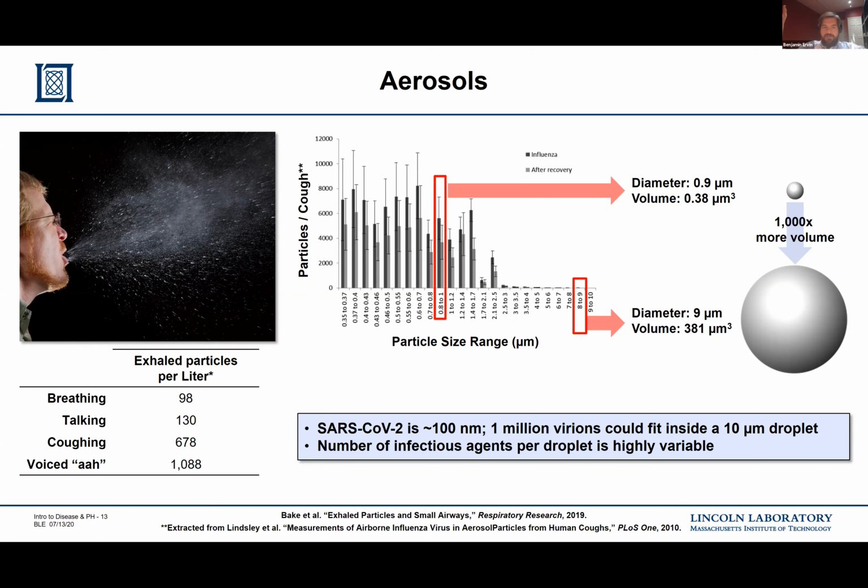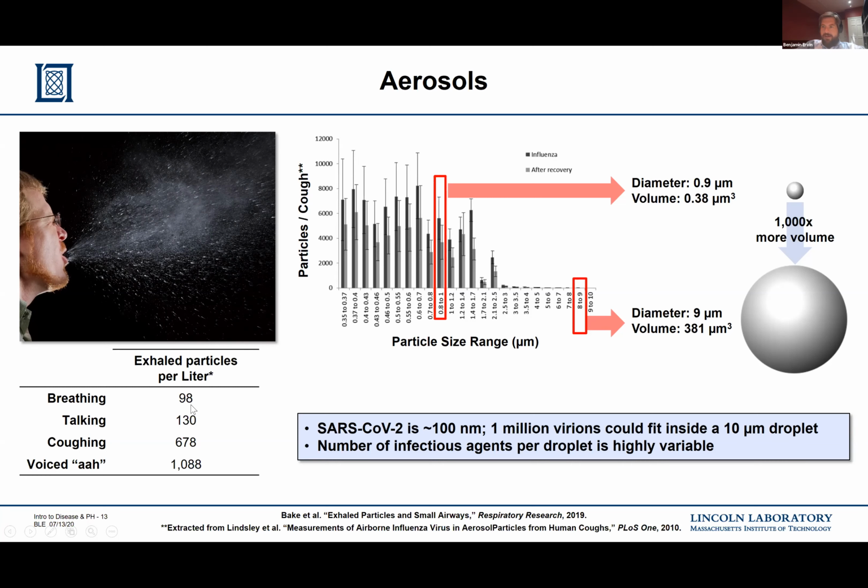Different things that you do, like breathing, talking, and coughing, will shed more or fewer particles. Down here in the lower left corner, I've given you an indication of the number of particles exhaled on average. This is from one experiment, so take it with a grain of salt, but it gives you a relative amount of particles per liter of air exhaled from these different activities.